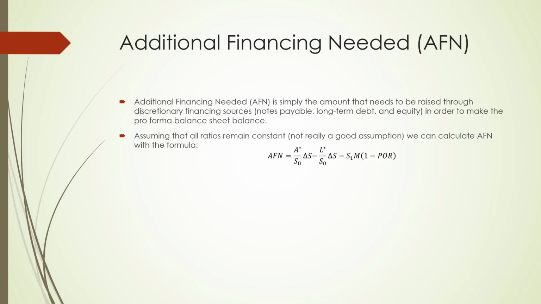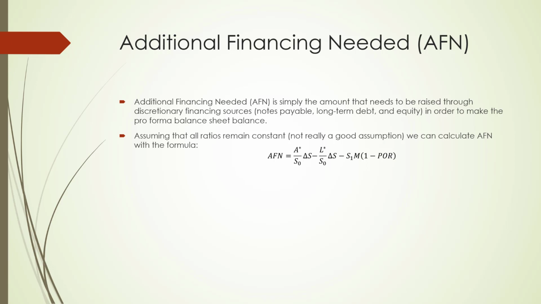So assuming that all of the ratios remain constant, which as I said is not really a good assumption, we can calculate AFN with the following formula. And you can see the formula here, and I'm going to explain this piece by piece. It looks complicated, but it's not really. So A star in the first term is the amount of assets that will change right along with sales.